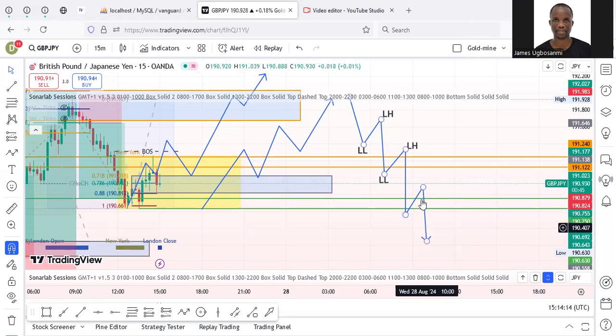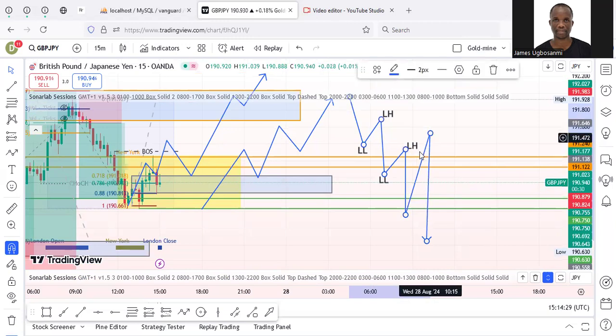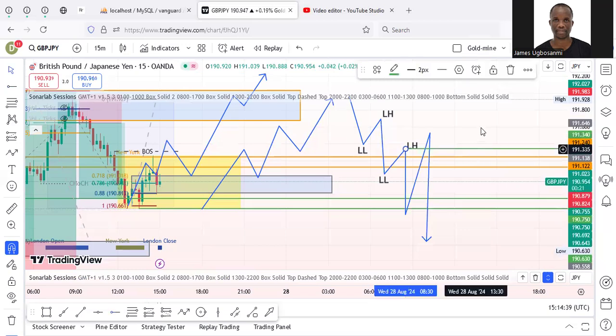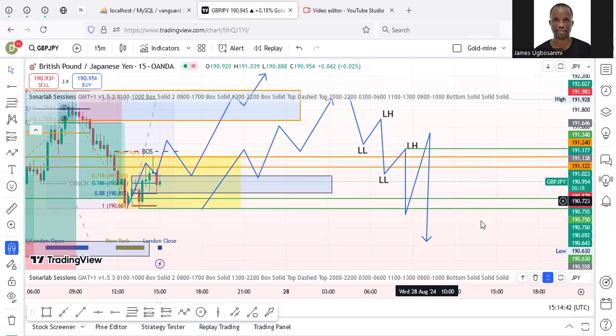Okay. But if it happens that the market went up to the point of moving above the previous lower high, if it breaks above this, let's say for instance, are you getting it? Are you seeing what I've done? Yeah.